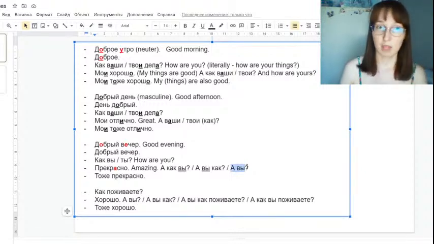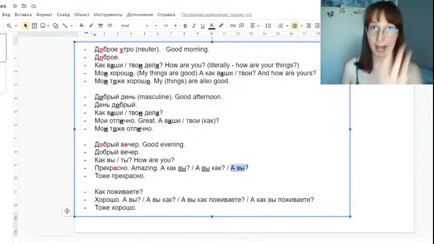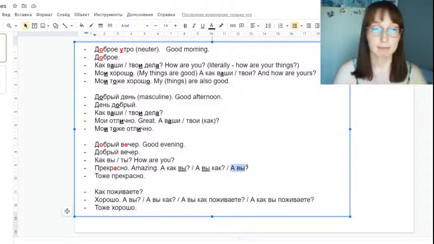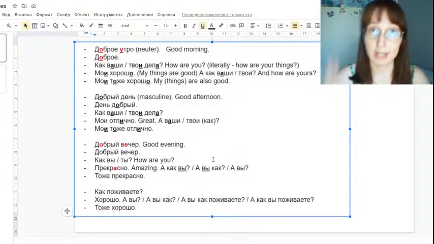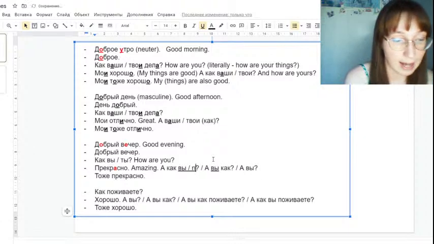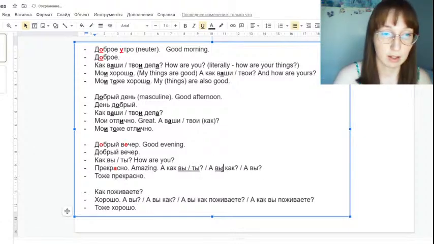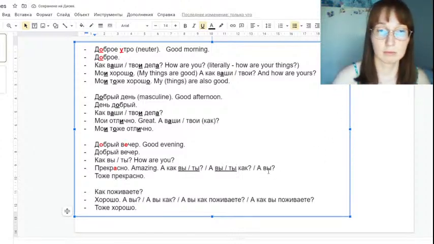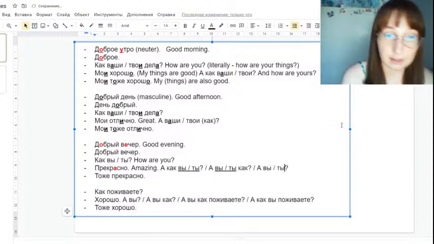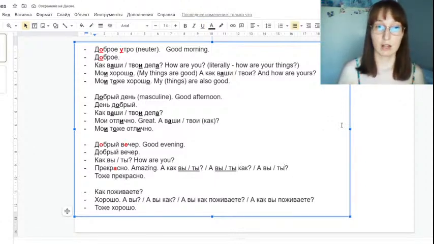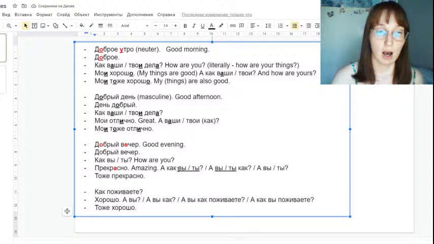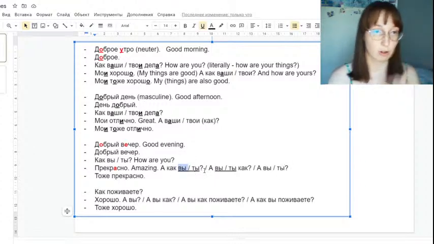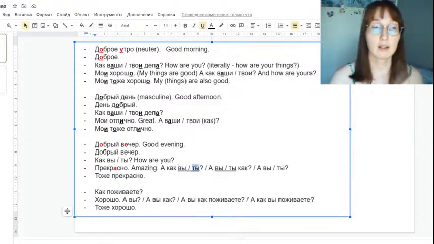А вы. Three different ways of asking back. Or informally. А как ты? Oops, sorry. А как ты? А ты как? А ты? Informally. Вы formally. Ты informally.